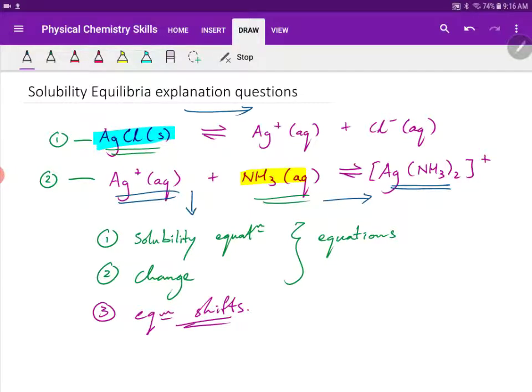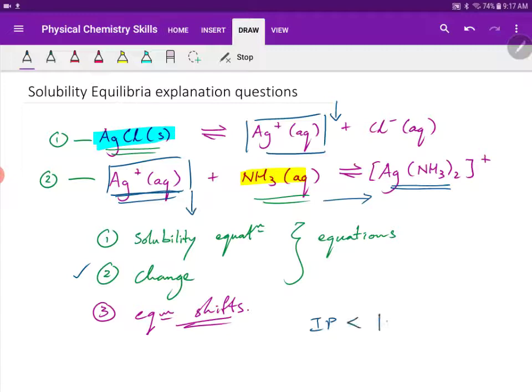So we have now accounted for the equation and change, and by using this information, we can show that the Ag+ concentration has decreased. Because it has decreased, IP has now fallen below Ksp, and when that happens, the equilibrium is going to shift to the right and dissolve. That is the main idea that we are looking for.